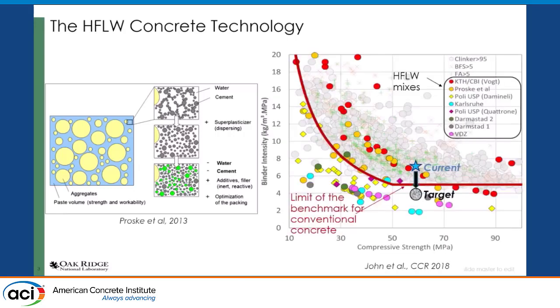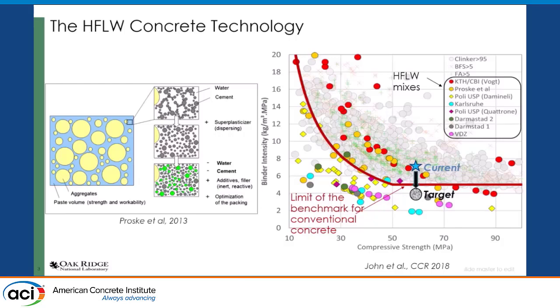And I wanted to show you this technology has actually been compared to current traditional concrete. This graph correlates the binder intensity, which is the mass of binder that includes cement, fly ash, slag, pozzolanic materials, per cubic meter of concrete to deliver a megapascal at 28 days. Okay, so that's the BI, the efficiency of the cement.